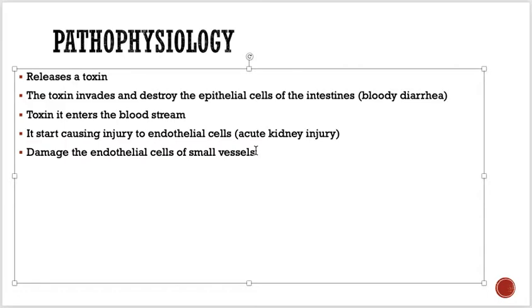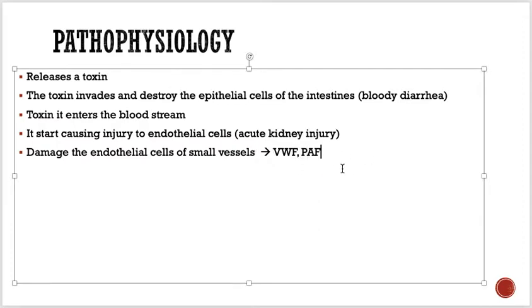So they will start releasing von Willebrand factor as well as platelet aggregating factor. These things are basically in the endothelial cells of the lining of the small vessel, right?